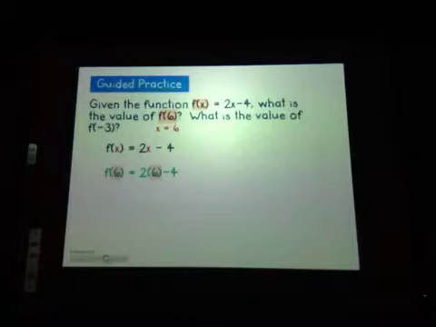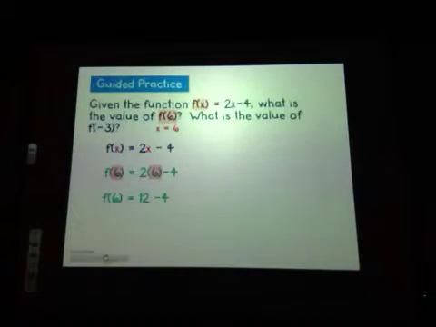So f of 6 is equal to 2 times 6 minus 4. Notice that each of the pink x's has been replaced with the number 6. Now, since I want to evaluate this for f of 6, my f of 6 on the left side of the equation will always remain as f of 6. f of 6 is equal to 12 minus 4. All I did there was multiply 2 times 6.